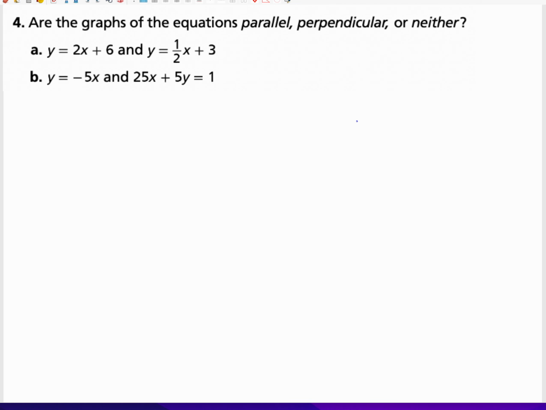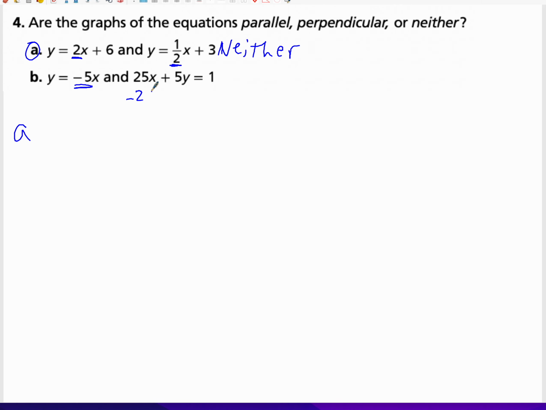Are the graphs of the equations parallel, perpendicular, or neither? So let's do A first. So what is my slope of the first one? 2. What's the slope of the second one? 1/2. They're not the same. So that one would be neither. And then negative 5. And then we've got to solve this one.